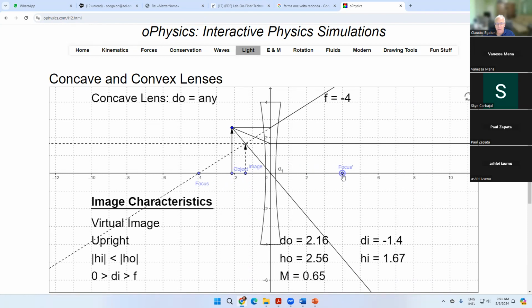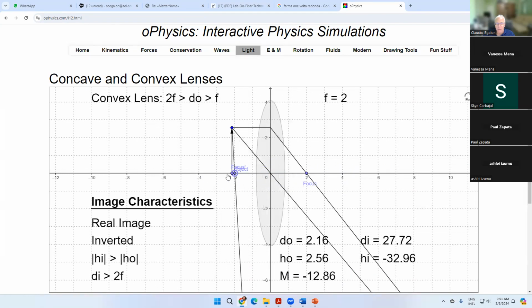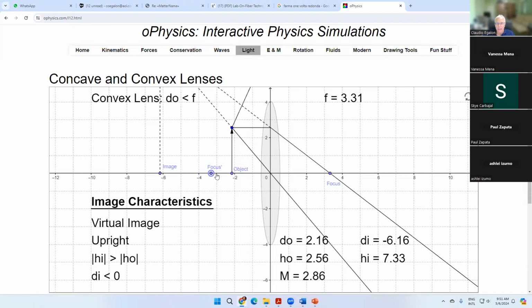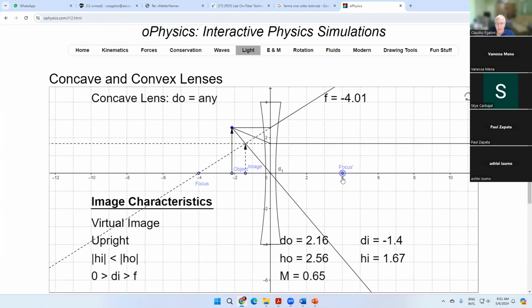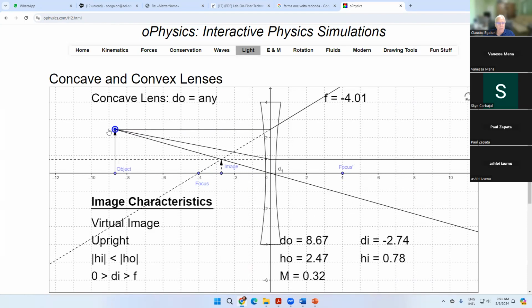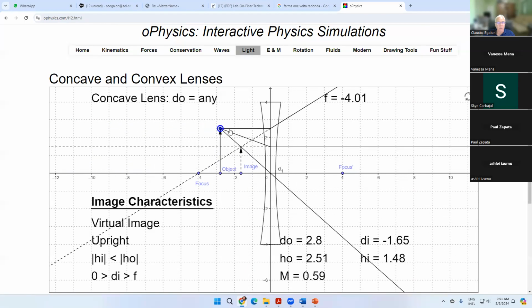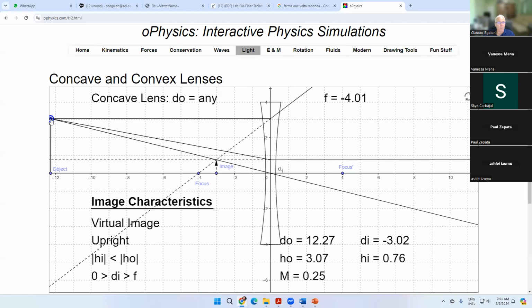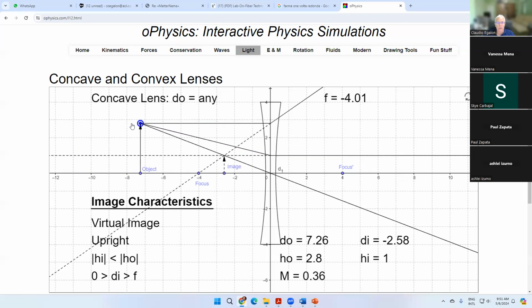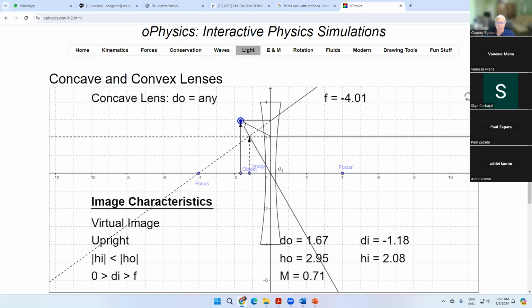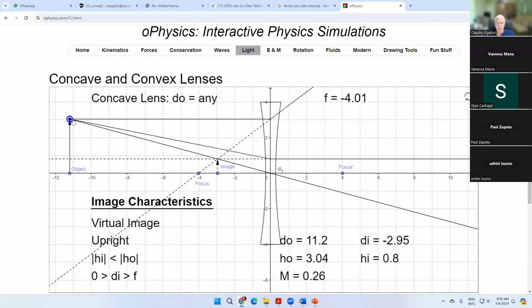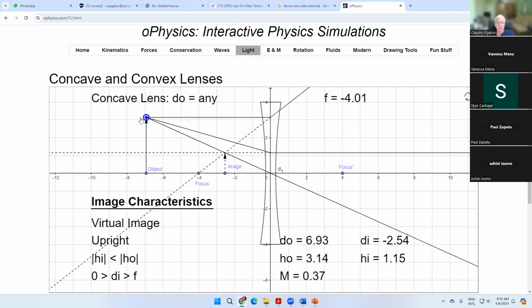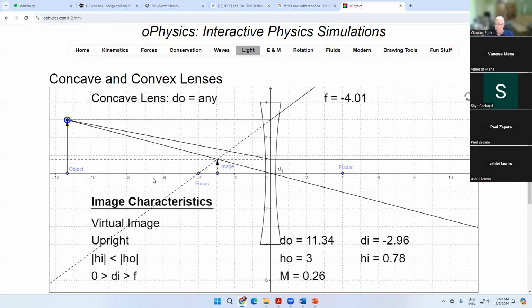Here you go, that's how you do it. For a negative lens, the focal point is on the other side. And all these images will be virtual, no matter what the position of the object is. They will be upright, virtual, and smaller, just like we get for the convex mirror.